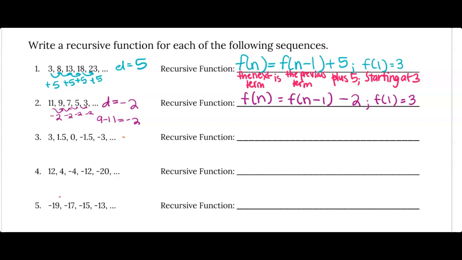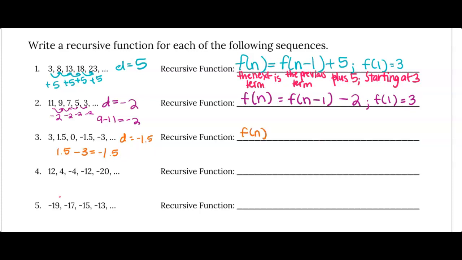Looking at number 3, we can find our D as well. If you're having trouble with the decimals, just do 1.5. So your second term minus your first term is equal to negative 1.5. So that is your D value. Then you fill in your recursive function.